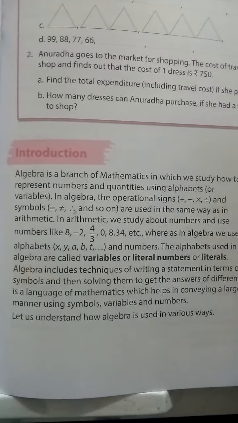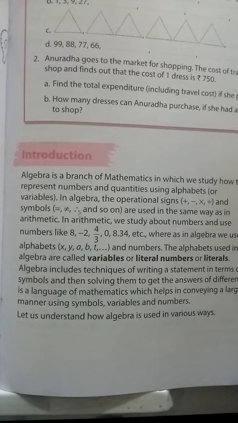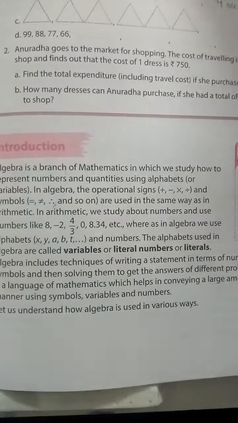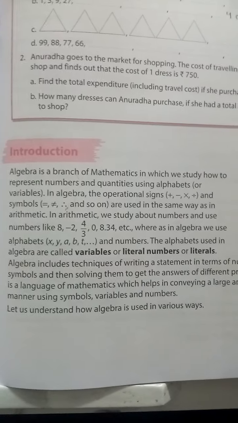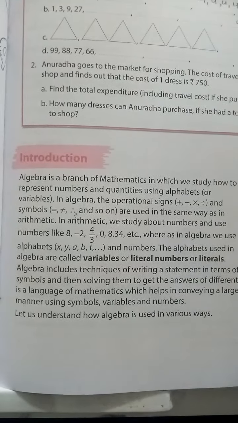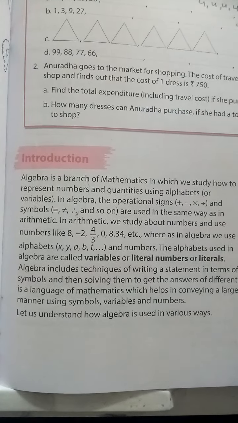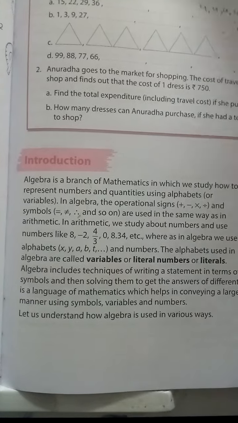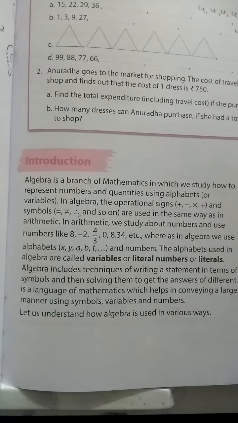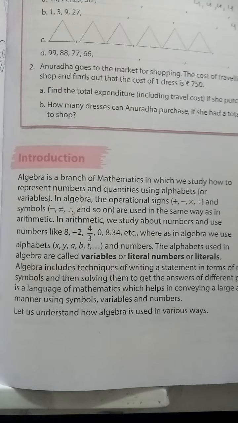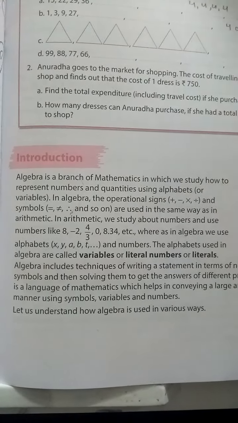Next is, what are variables? Variables are those quantities which change their values. Like if we write alphabets with a number, we know that one has only one value, two has two value, three has three value. So these numerals are known as constants.